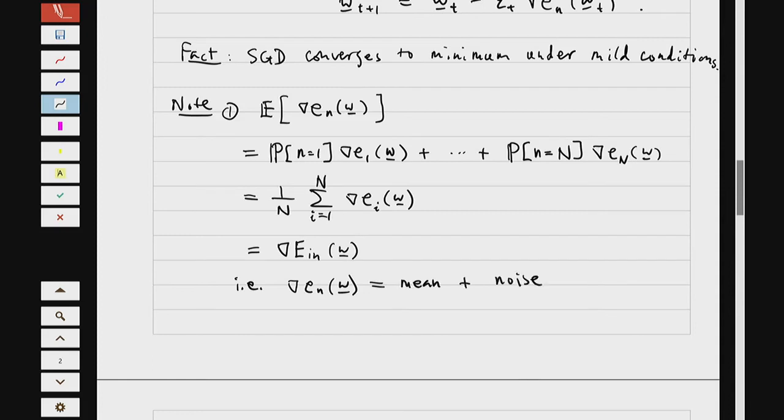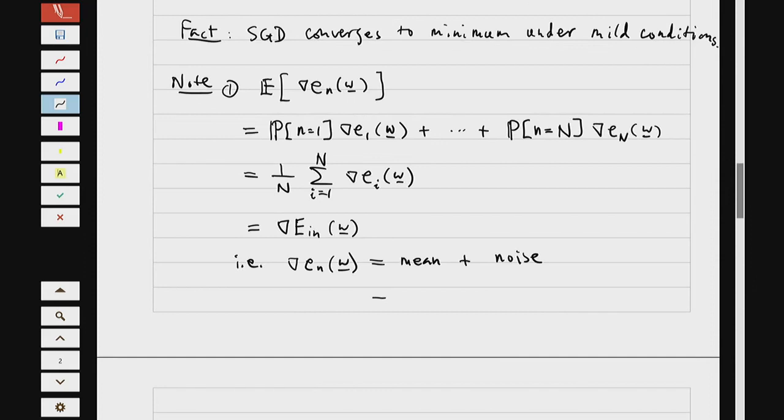Now we have shown that the mean value is actually nabla E in. Therefore, this one is simply a noisy version of nabla E in, the gradient of E in, plus some noise.